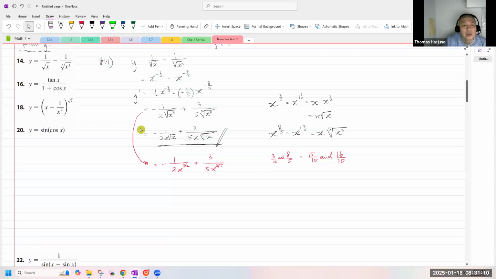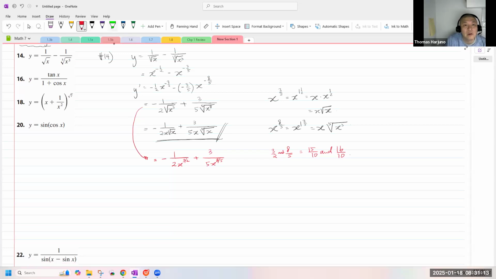Is it right? Okay, I actually never really do this, but let me try. This is 1 over 2 times x to the 15 over 10 plus 3 over 5 x to the 16 over 10. If going further from here, I need to multiply by x to the 1 over 10.